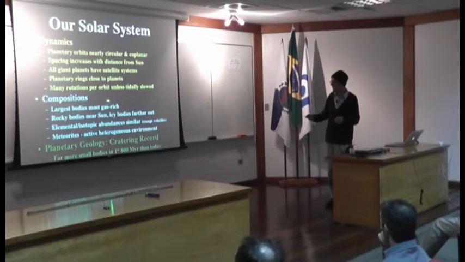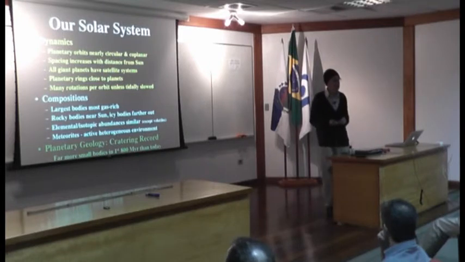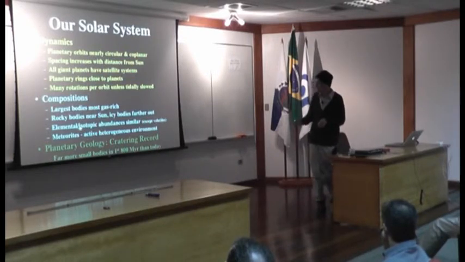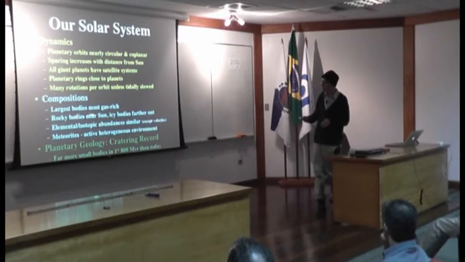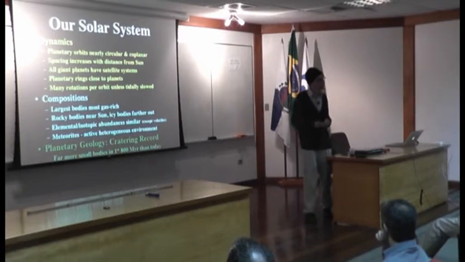Composition and the gross properties. The large bodies, Jupiter and Saturn, are the most gas-rich. Uranus and Neptune are kind of intermediate, and the bodies smaller than those are essentially all condensed matter, with very little hydrogen and helium. Among the condensed matter bodies, they're essentially rocky close to the sun, Mars and inward, and icy far from the sun, Jupiter and outward.